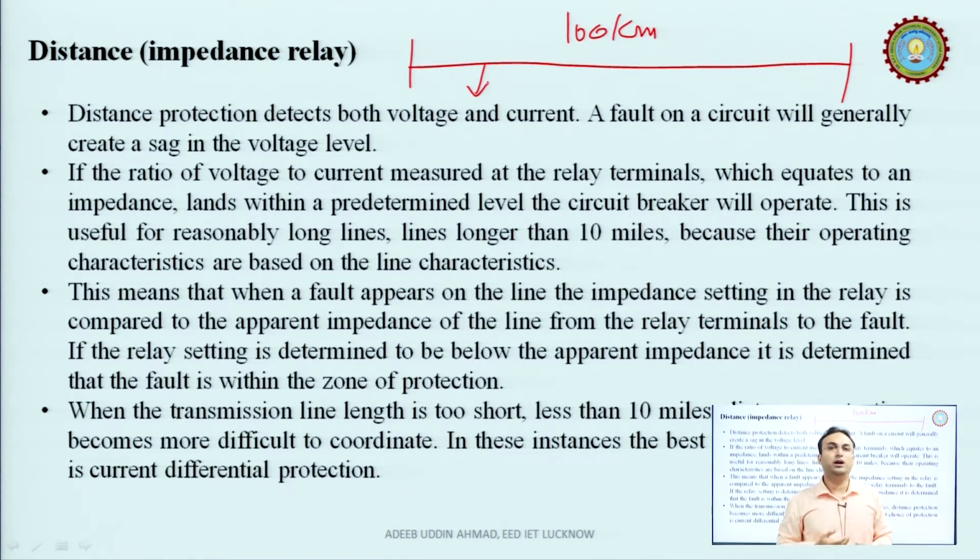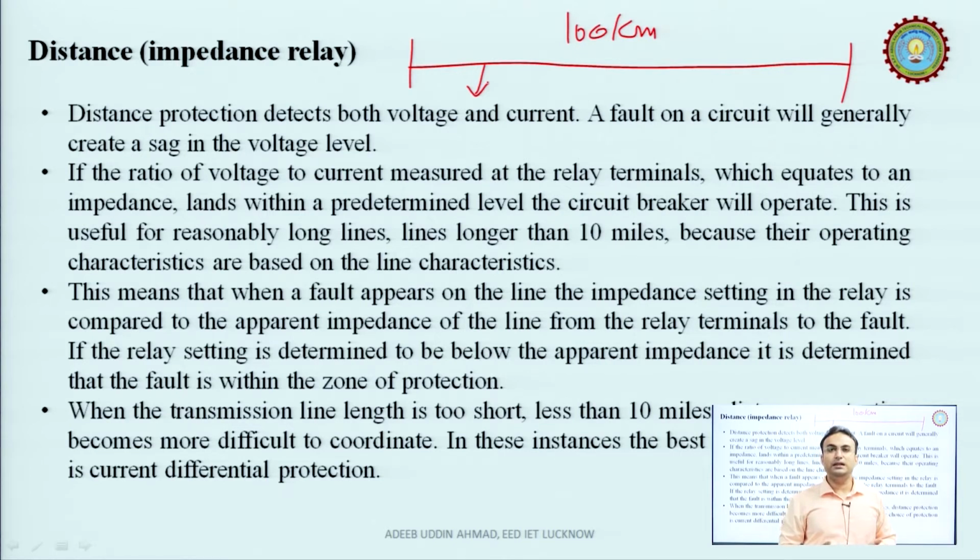So, we compare the voltage and current ratio at the relay terminal with the predetermined value. When there is a change in the voltage current ratio, we can understand that there is a fault.